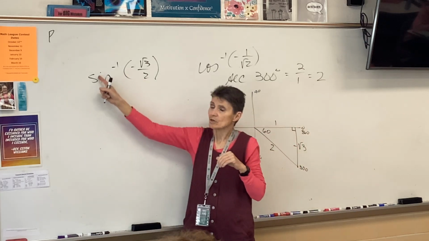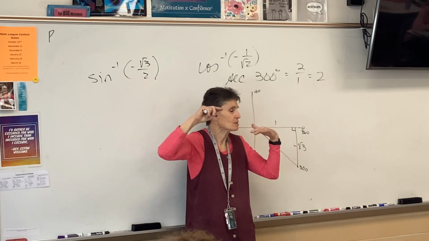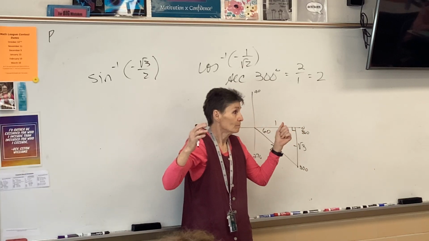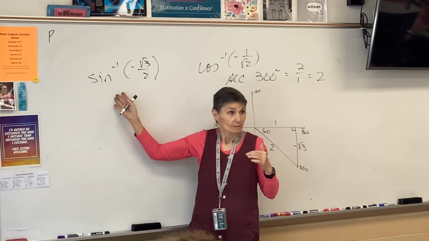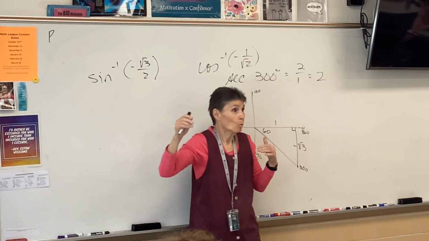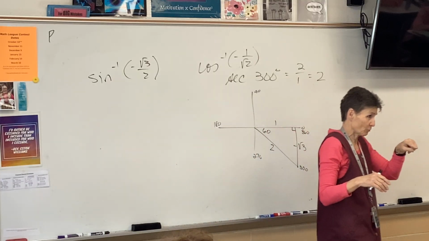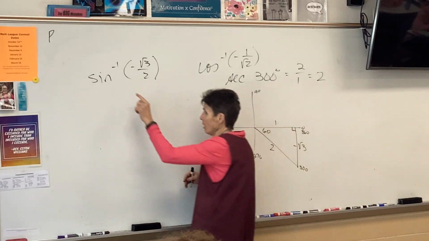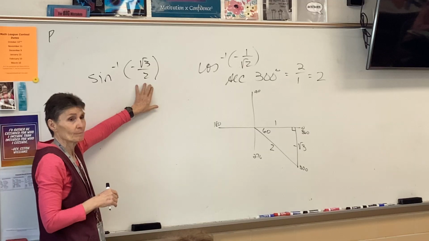When do I use this notation? That's a button on my calculator, but the only time I use that button is when I'm trying to figure out what? An angle. The answer to this question is going to be an angle. Right? I need to figure out which quadrant that angle is in. You do not have to have this memorized, but it should be on your green sheet. Where do I draw an inverse sine when that number is negative?